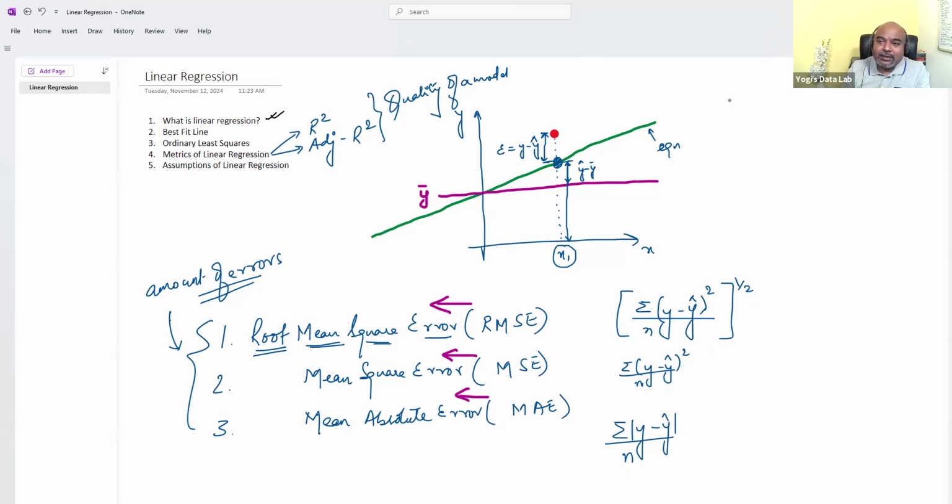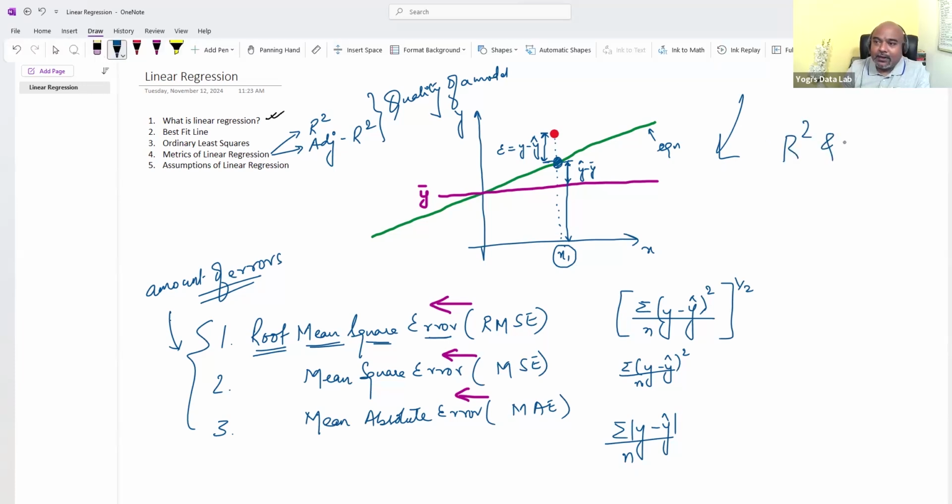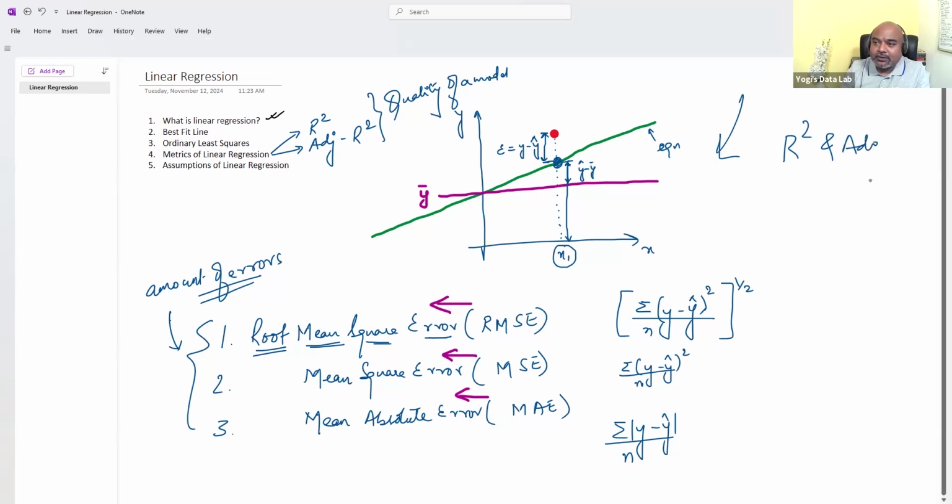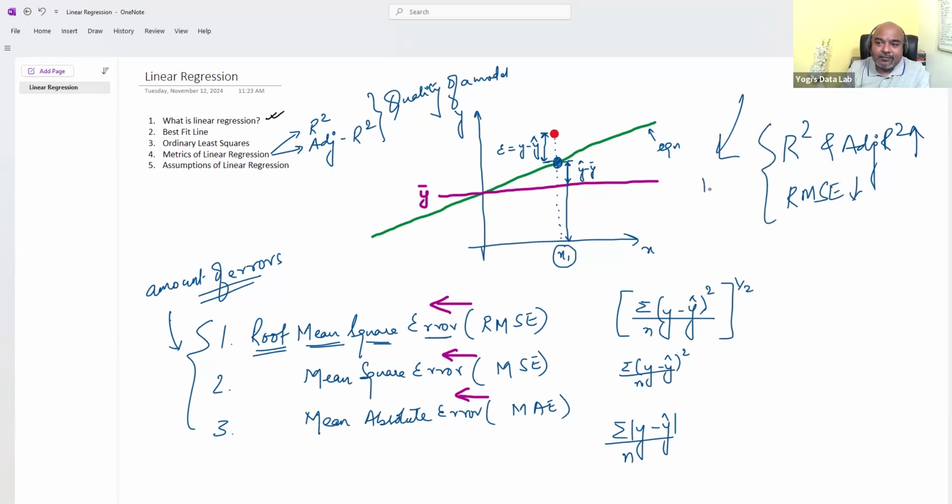So if I come back to the same problem statement where it all started, I can say that any of the lines for a best fit line where the R square and adjusted R square are high and my metric for errors, mostly what we use as RMSE, is low, is the best fit line.